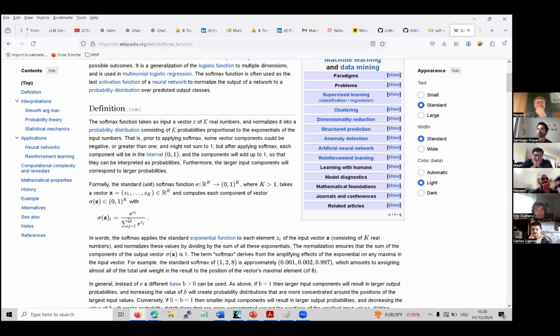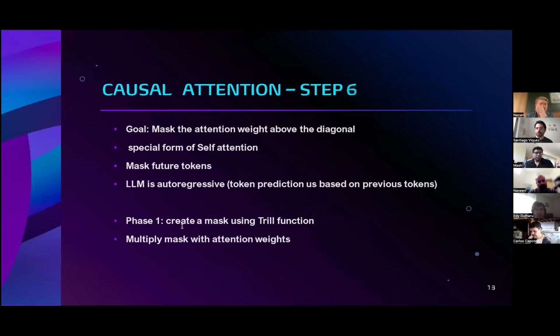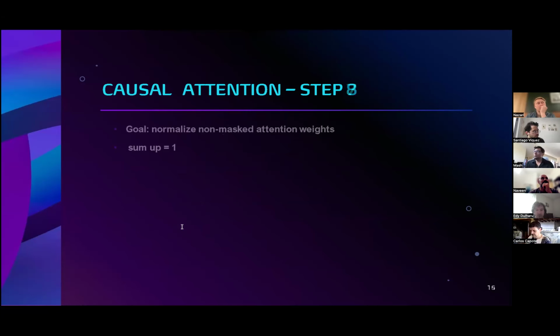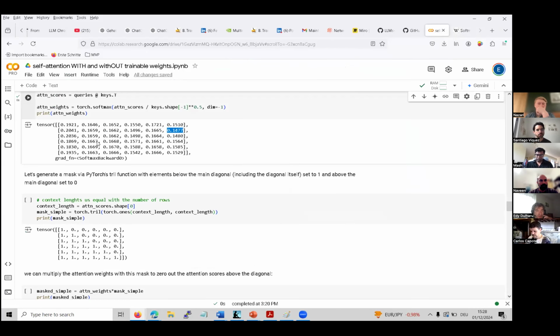It is e to the power of z_i divided by the sum of the elements on a particular row. Which is the softmax function. So we need to keep that in mind at the moment. This is the definition of the softmax function. I will come back to this one.